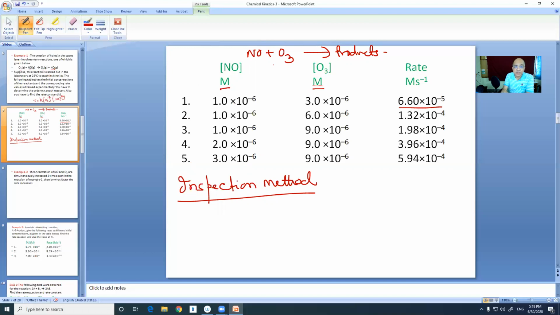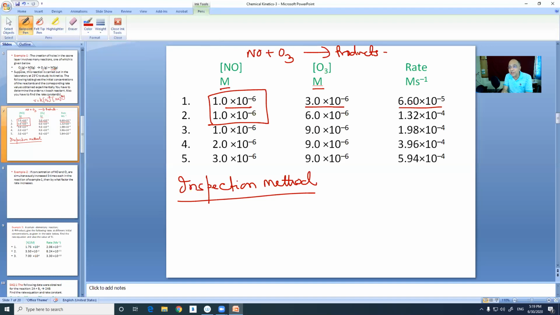ozone. Now see the first experiment, the initial concentration of NO is this, and this is 3.10 to the minus 6, and the rate is this. Now compare between the first and second experiment, where the concentration of NO is deliberately kept fixed and the ozone concentration is deliberately doubled.